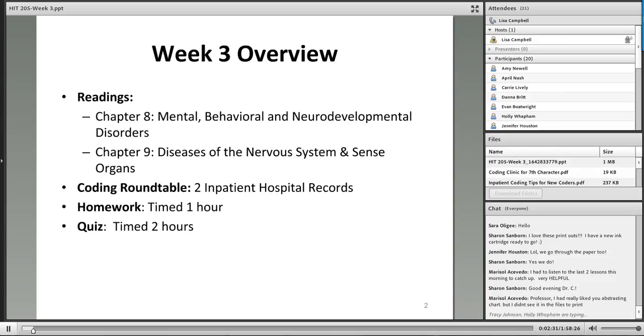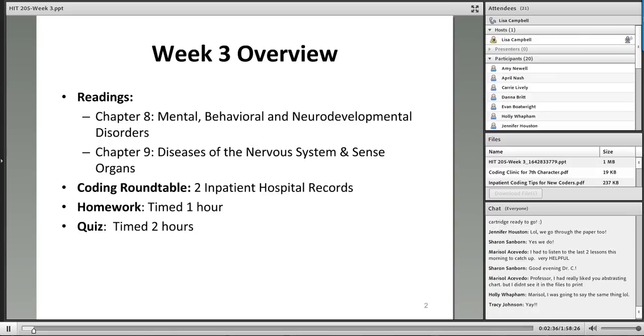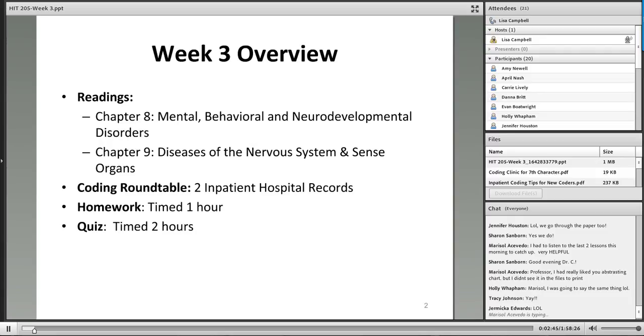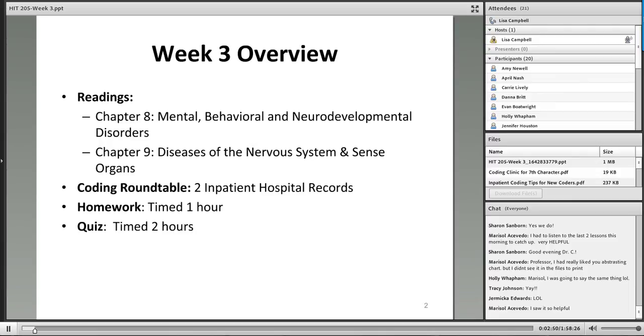In your course syllabus, I hope that you guys have seen, and I don't know about you, but I will tell you about me as a college student. One of the things that I always did when I was taking a class was to print out the syllabus. And when you look at the syllabus, it actually tells you that you're only reading certain portions of each chapter. And that is because, as you guys know, the textbook that we have includes ICD-9 and ICD-10.